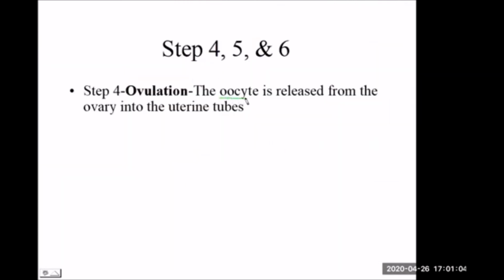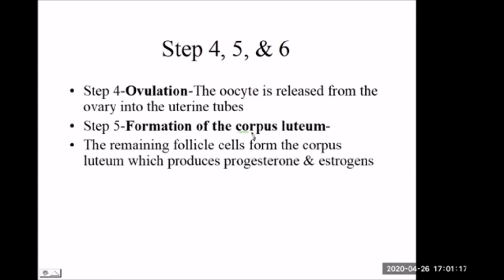So the egg cell is now released from the ovary, picked up by the uterine tubes. And now there's the variation. The remaining structure of the follicle transitions into what's called a corpus luteum and becomes a source of hormones. In all cases, however, the corpus luteum is a temporary structure and it will be degraded. If the egg that's released becomes fertilized, the corpus luteum will persist for a longer amount of time, but it still will be broken down ultimately.